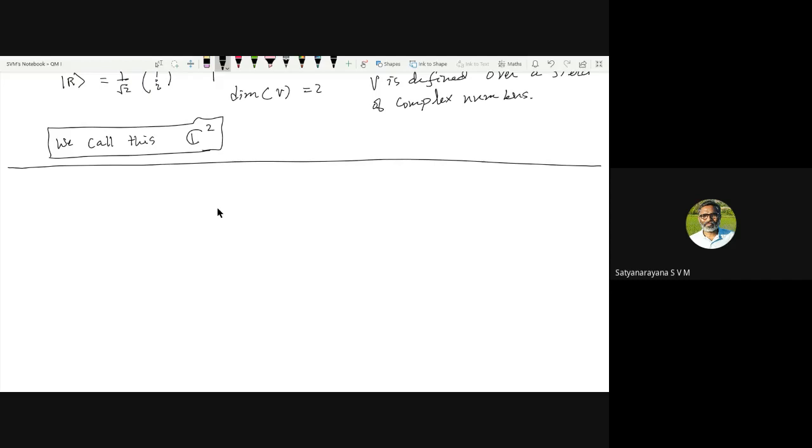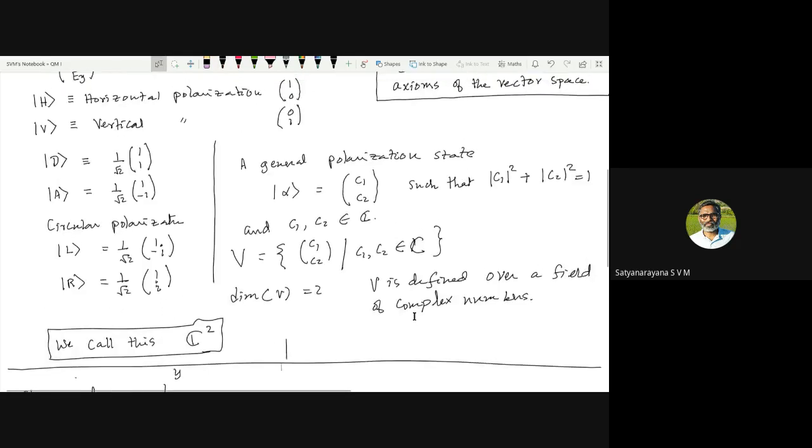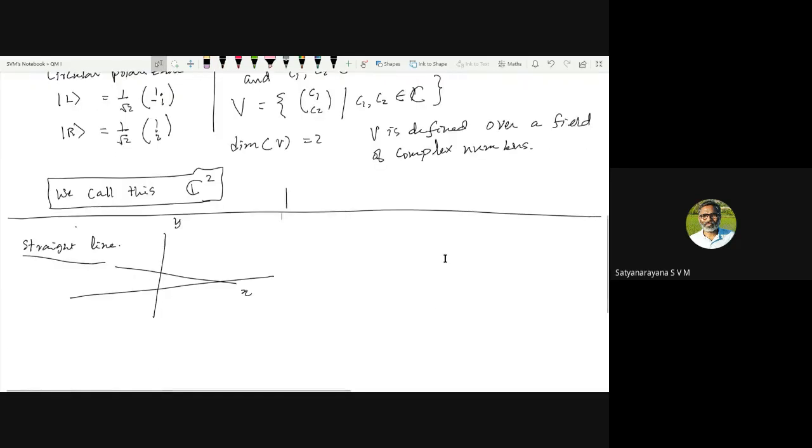So first, how do we define a straight line? If I have x and y axes, let's say I have an arbitrary straight line like this. This straight line is defined as y is equal to mx plus c. So what does that mean?